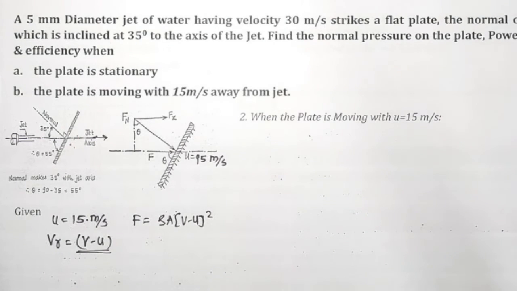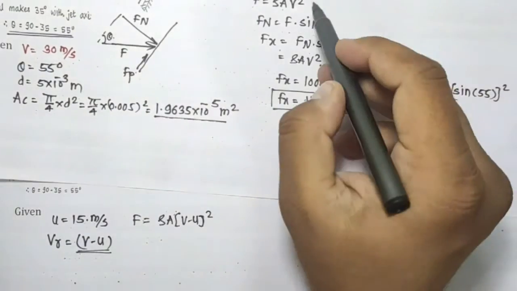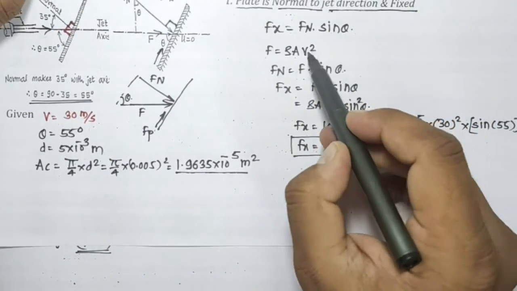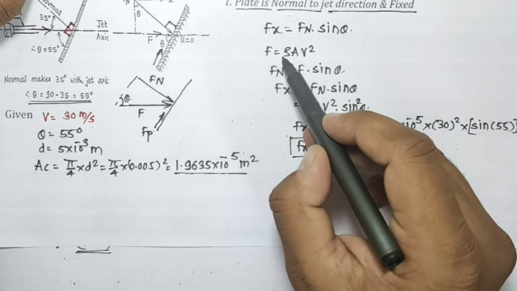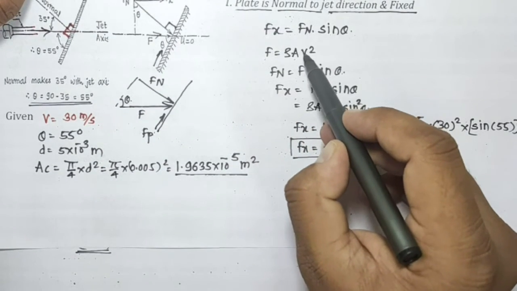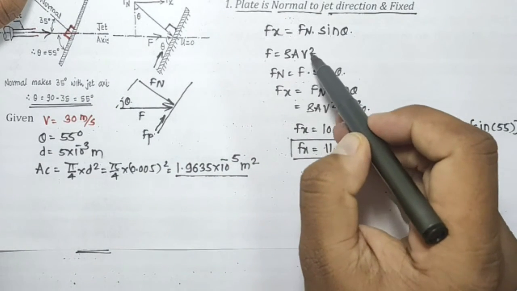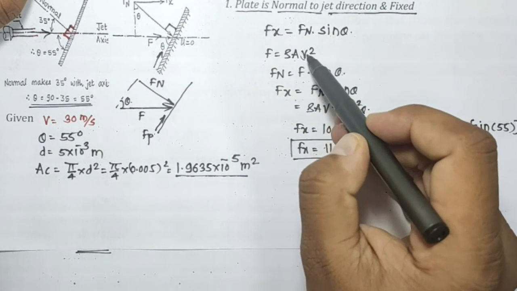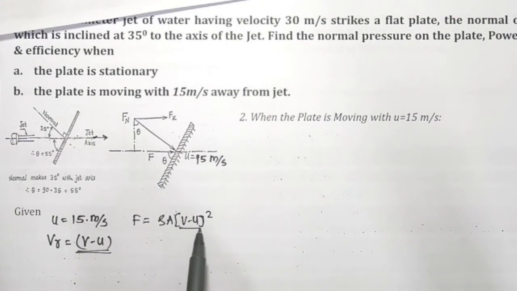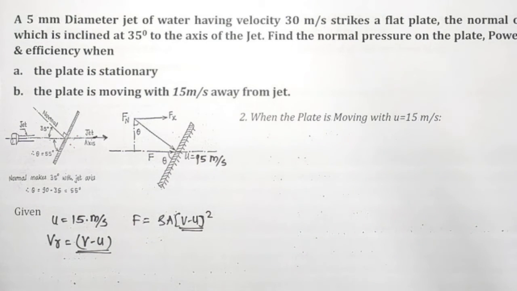So the only thing that changes is this: when the plate is fixed, the force is considered as rho a v square. But when the plate is moving, instead of the absolute velocity, we have to consider the relative velocity. Always remember that. This is a thumb rule in the solution of such problems.